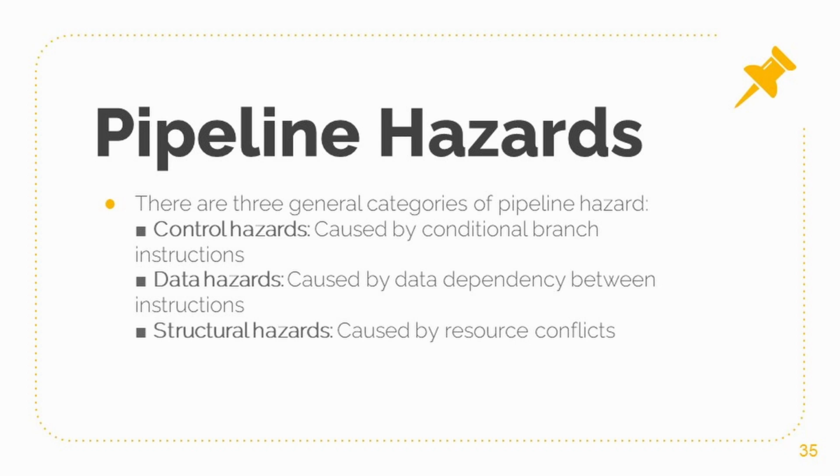Increasing the number of resources or employing techniques like resource scheduling can help alleviate structural hazards and improve pipeline efficiency. By identifying and mitigating these pipeline hazards, CPU designers aim to optimize pipeline performance and maximize instruction throughput. Techniques such as instruction scheduling, hardware interlocks, and cache optimizations are employed to minimize the impact of hazards and ensure smooth and efficient execution of instructions.